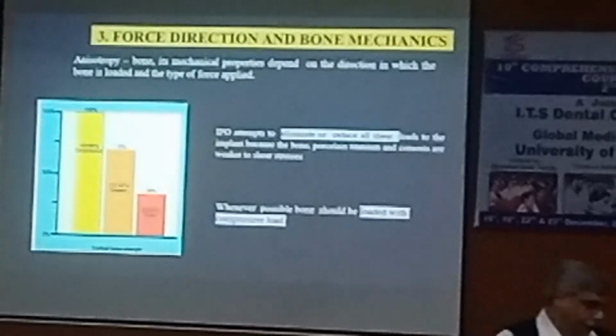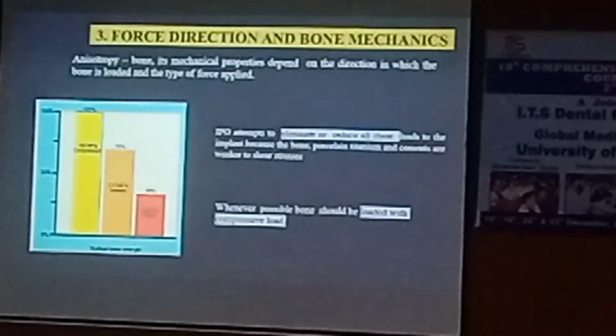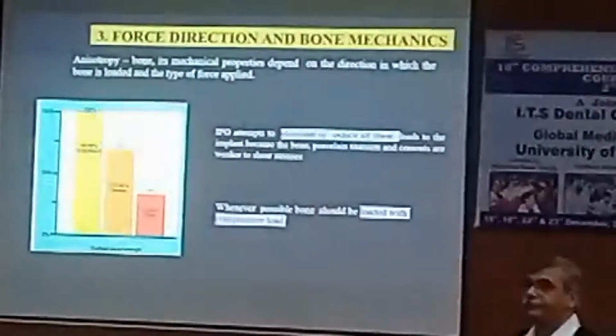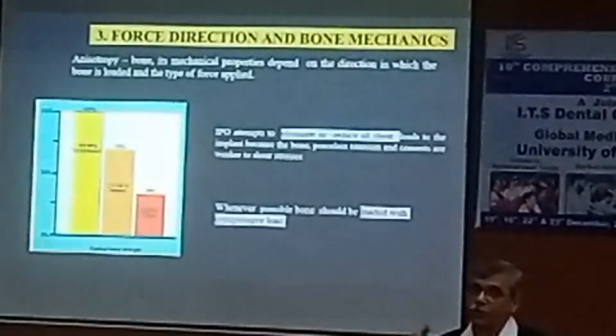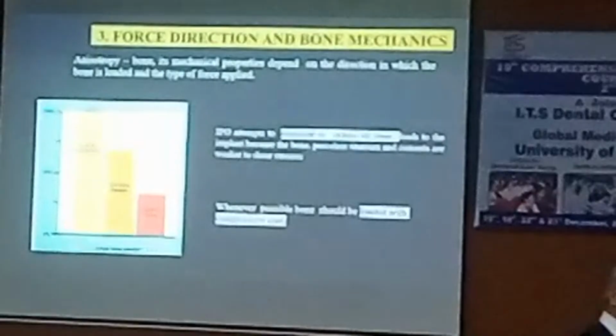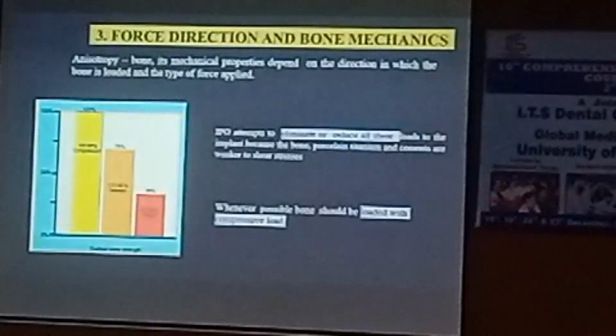Right? Now, bone is wonderful in compressive strength. That's how we are walking, running, jumping, because the forces falling on my legs right now are compressive in nature. Correct? But bone is very poor in tensile and shear strength. Most fractures take place because of tensile failure.